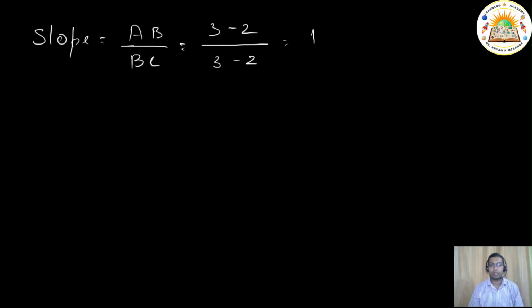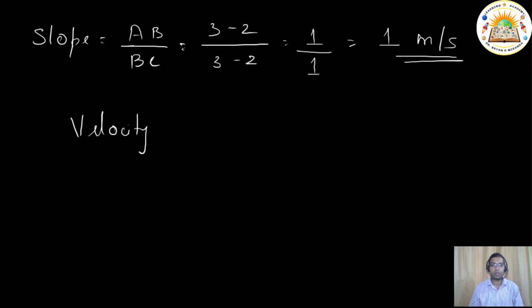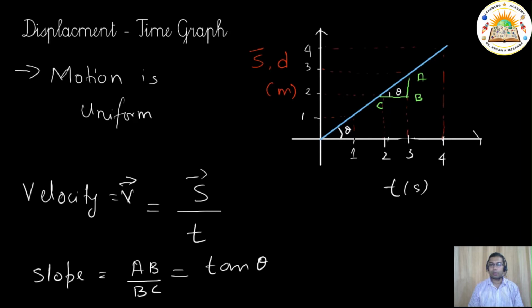So I will get 1 by 1, which is nothing but 1 meter per second, which is our velocity. So from this graph, I can tell that the velocity is 1 meter per second. That means it is increasing uniformly. The velocity is 1 meter per second as displacement and time increase. We can see in between 1 and 2 also, if we measure, we will get 1 meter per second. The same between 3 and 4.